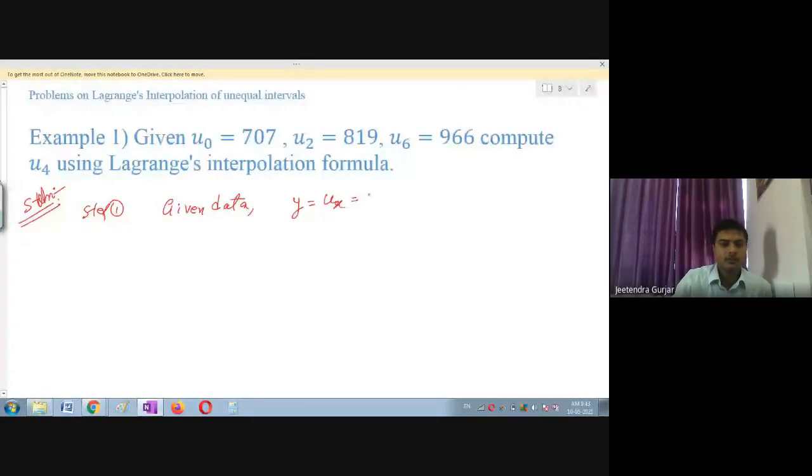Therefore I will start writing in terms of x naught: x0, x1, x2, here 0, 2, 3.